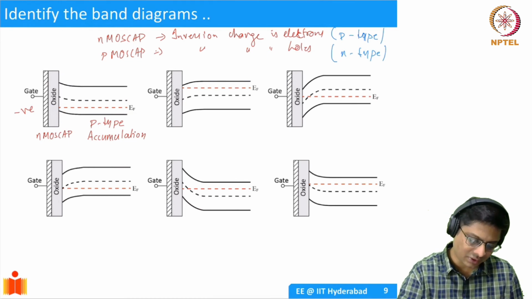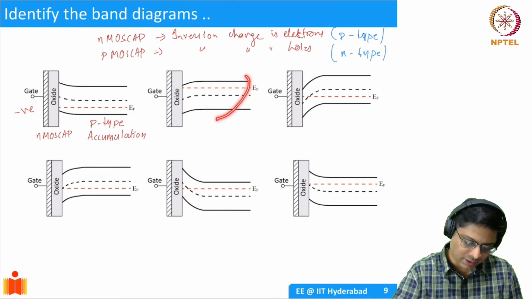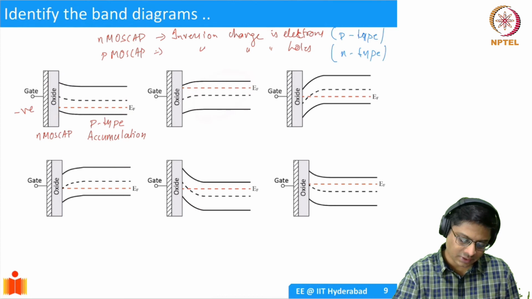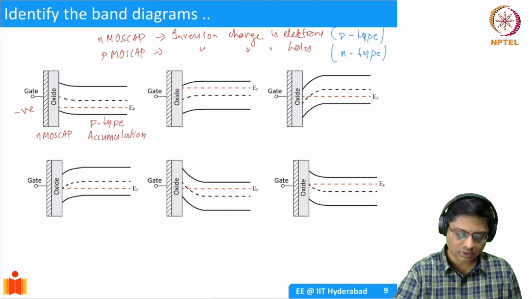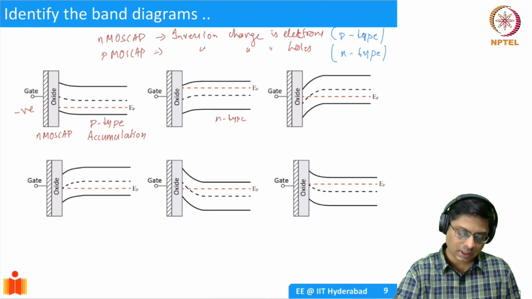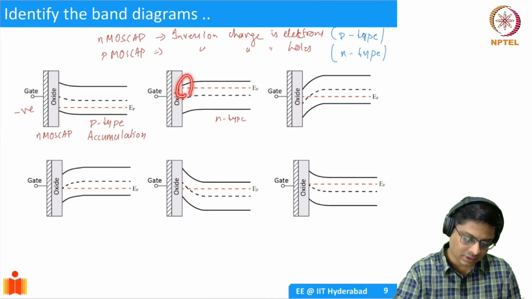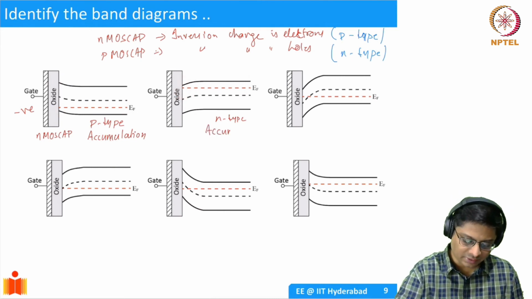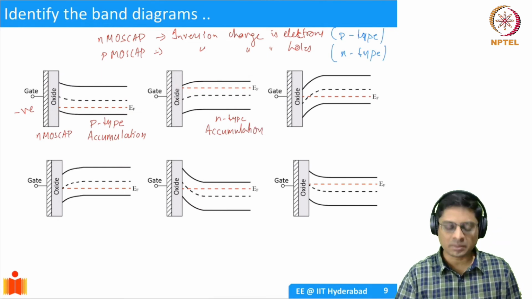Okay, let's go to the second one here on the right. What is this substrate? Well, this is an N-type substrate, and we are having excess electrons in N-type. So this is in accumulation again. And when will this happen?